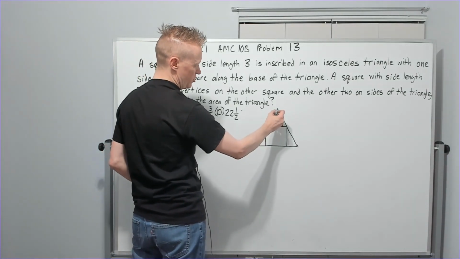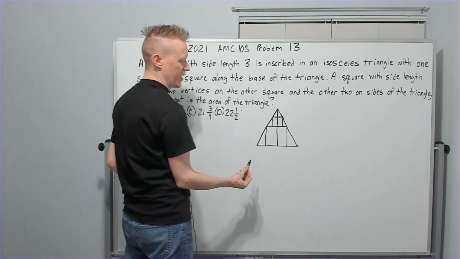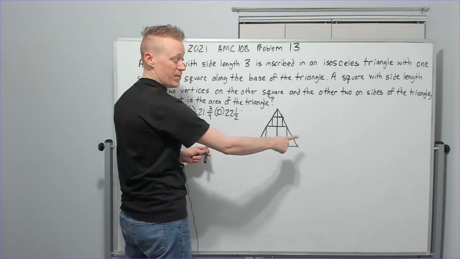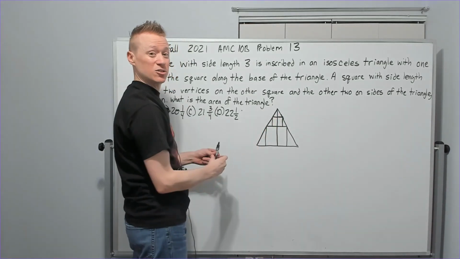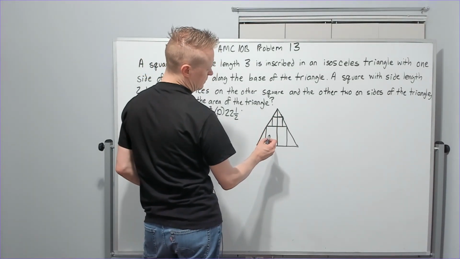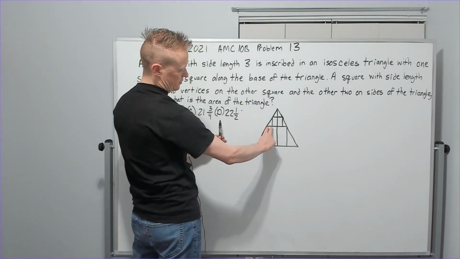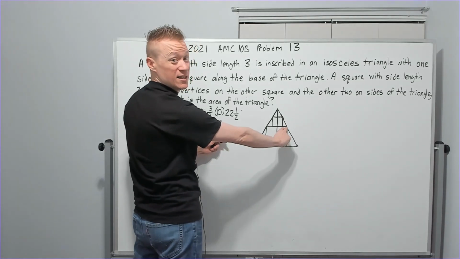Immediately I want to drop the altitude because I know for an isosceles triangle that it will split the base. You'll get 2 congruent triangles on either side. So the thing is, this piece right here has to be equal to this piece, right?